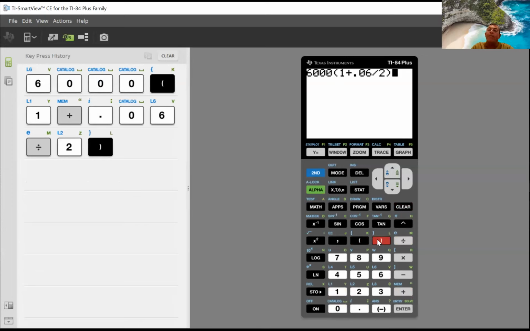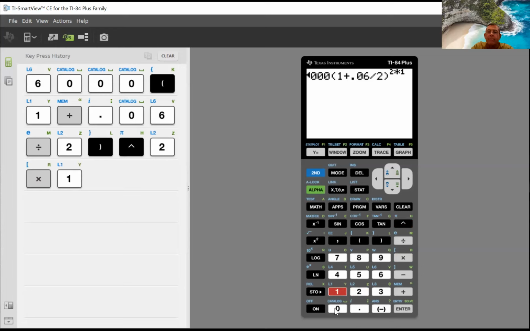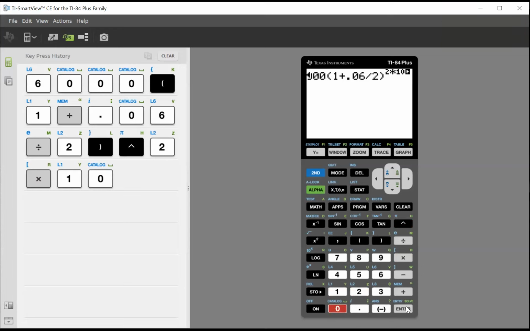Or if you wanted to, you could have used the alpha y equals and made it look like a fraction and gotten the same thing. Let me arrow up for my exponent, and that was 2 times 10. All right, y'all, we're about to see how lucky she is when I hit enter.